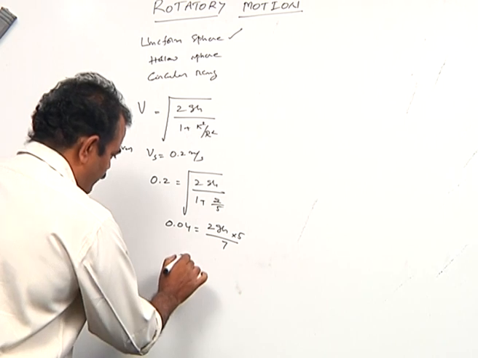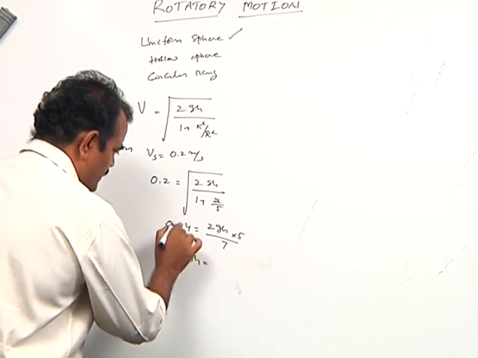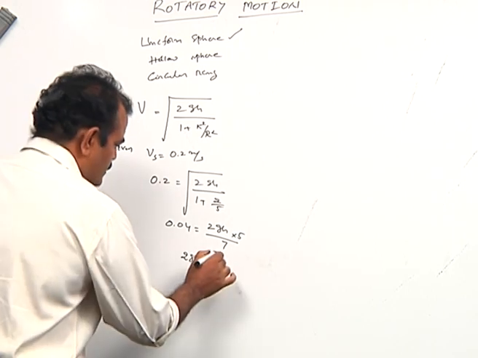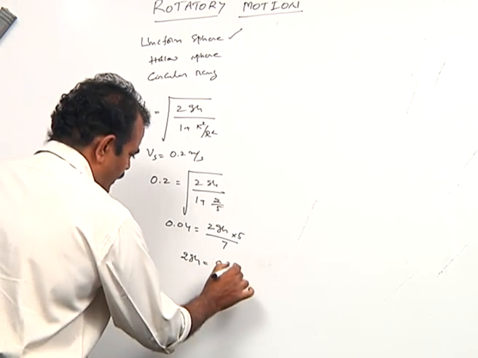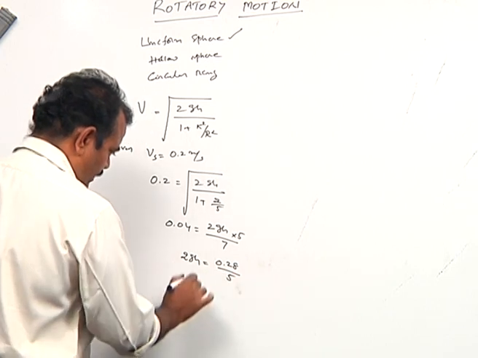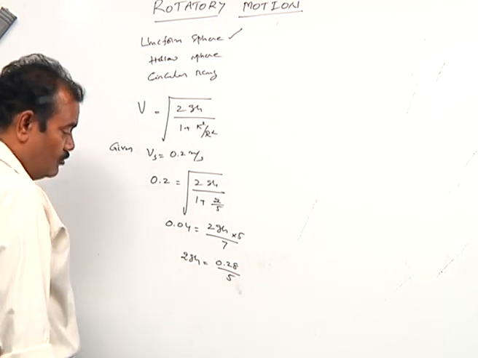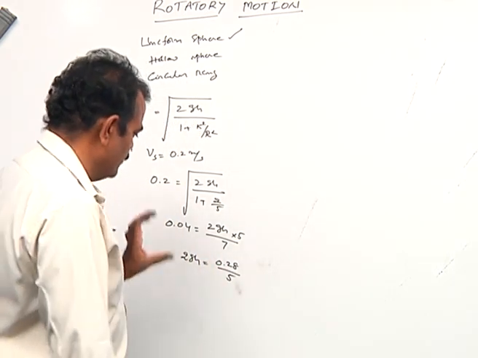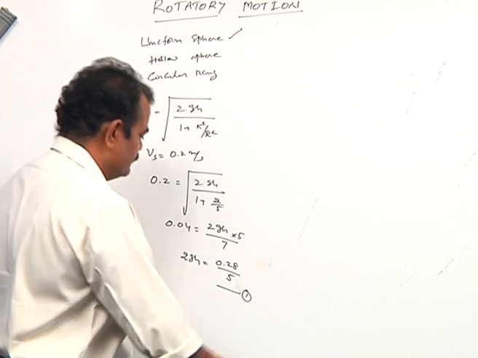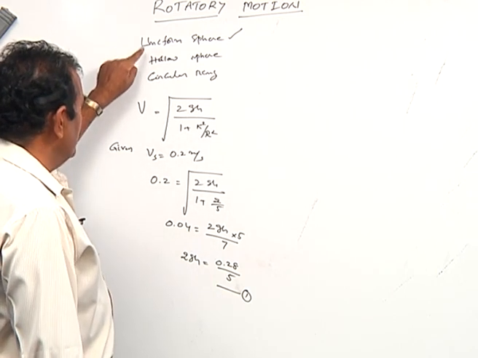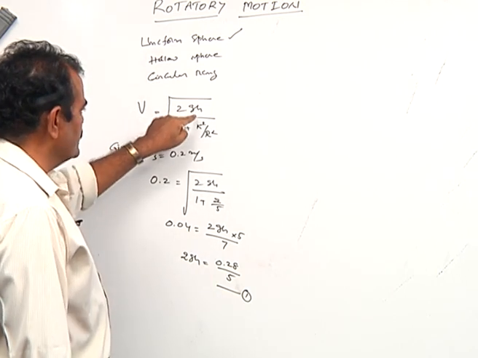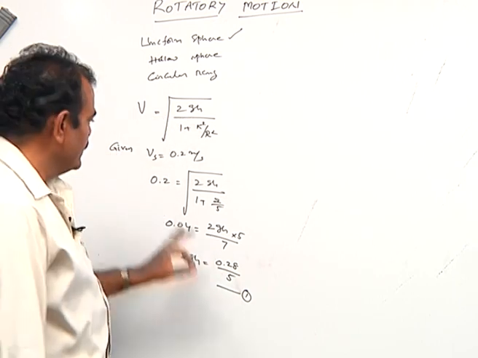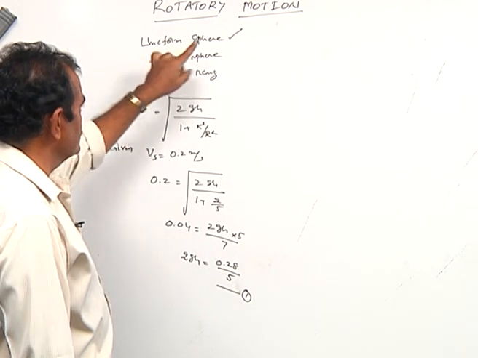From that 2gh is equal to 7 into 0.04 by 5, that is 0.28 by 5. This is the 2gh only, don't find the value of gh, that is not required. So we got the first equation. For the uniform sphere the value is given, you have applied this formula, and from that we could find the value of 2gh for the inclined plane.